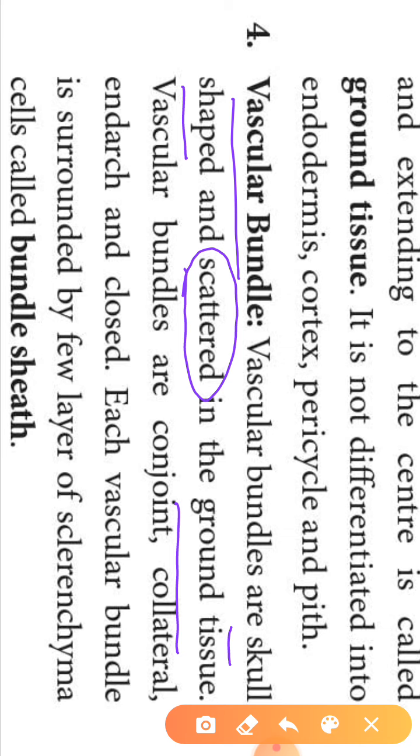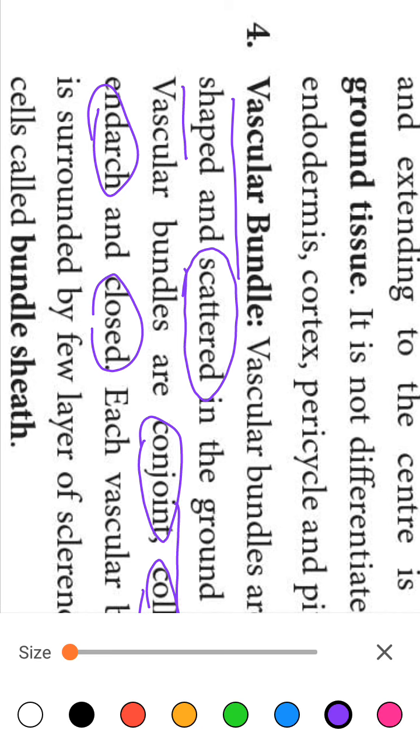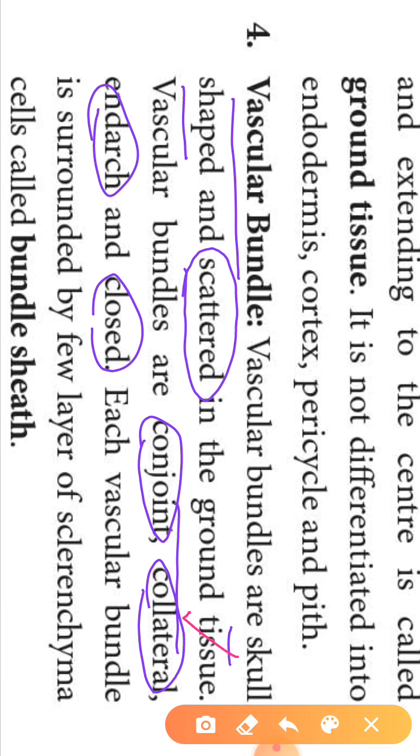Vascular bundles are, what are they? Conjoined, collateral, endarch, and closed. Conjoined, write the meaning: combined. Collateral, write the meaning: side by side. Endarch, write the meaning: innermost. Closed. Okay, closed, a very important word.